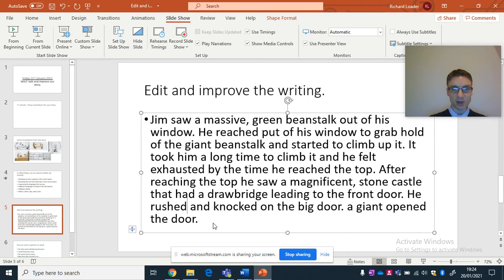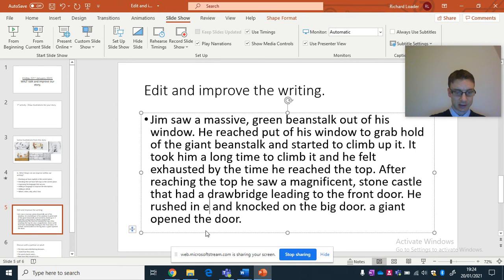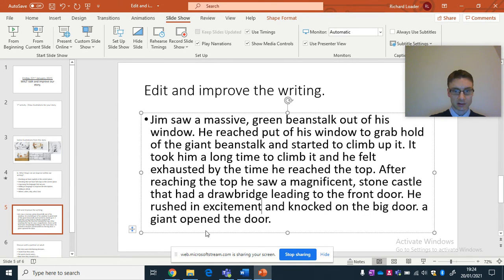He rushed and knocked on the big door. Now we could say a bit about how he rushed. He rushed in excitement and knocked on. Now, is there a better word than big? Knocked on the large, wooden door.